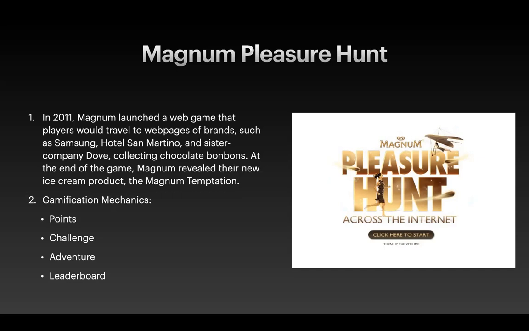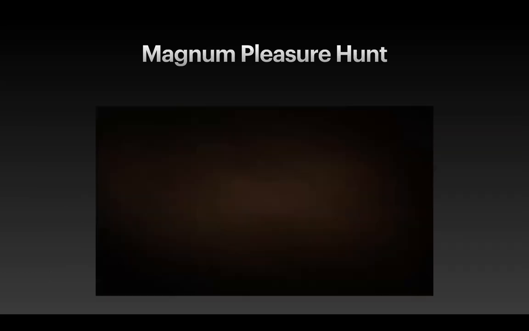Bonbons means candies. At the end of the game, Magnum revealed their new ice cream product, the Magnum Temptation. So in this game, they use points, challenge, adventure, and leaderboard for the whole experience. Let's take a look.